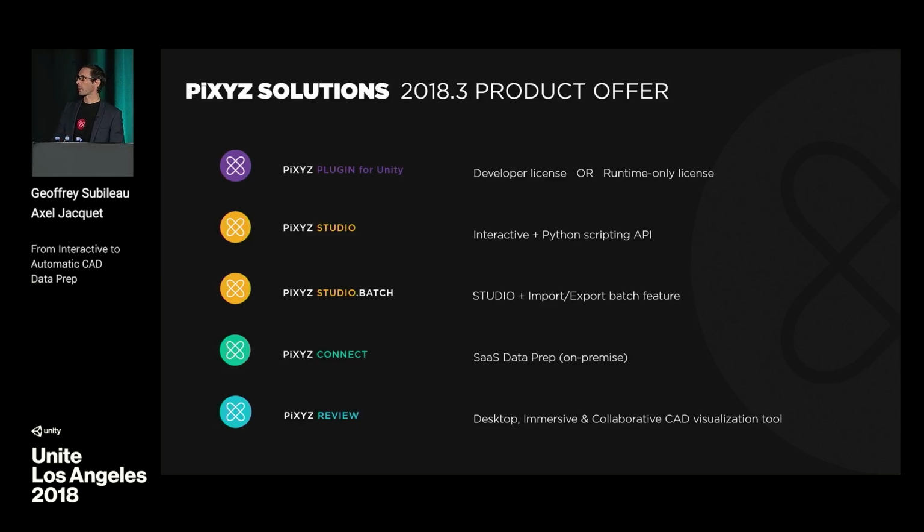Yes. Pixyz Studio is the first step for doing what you are describing, because there is a Python scripting API inside. Once you have developed your script, you can export it as a Python file. And we have an offer, which is Pixyz Batch. This is a simple exe file that you can run through commands.